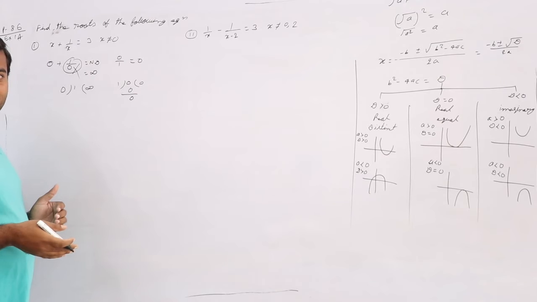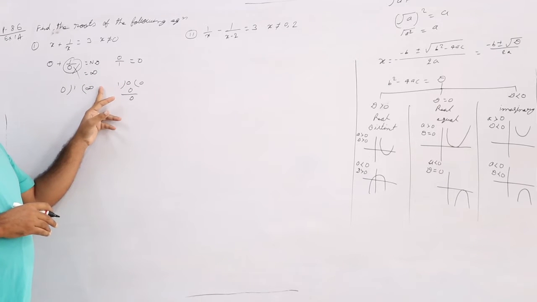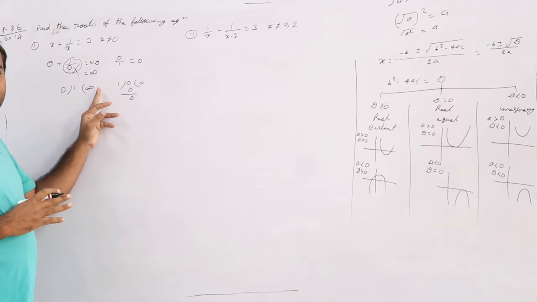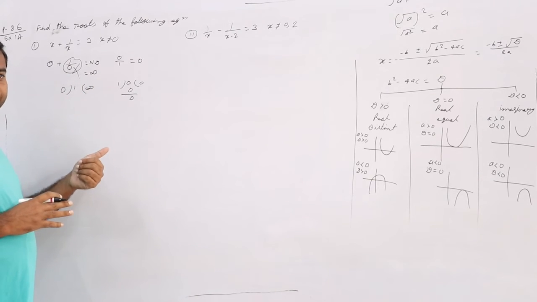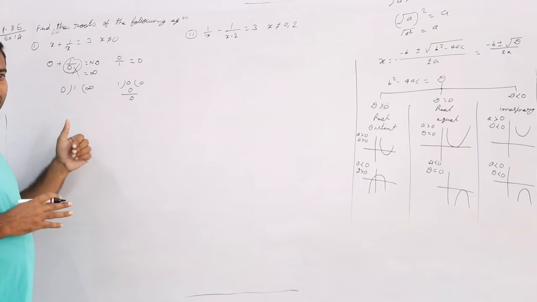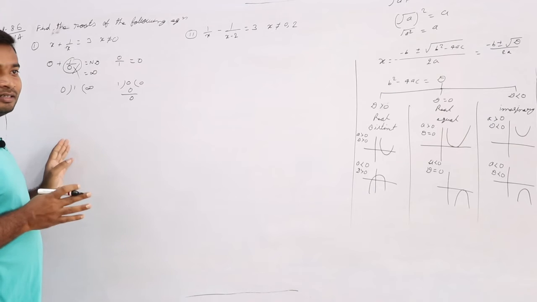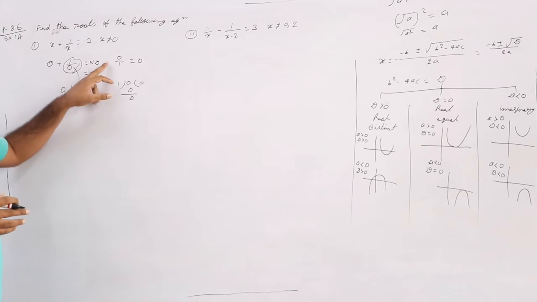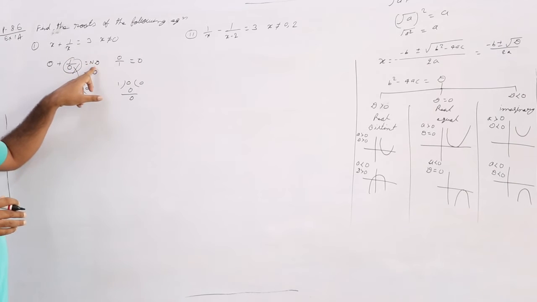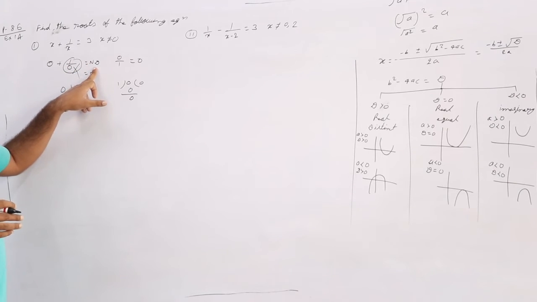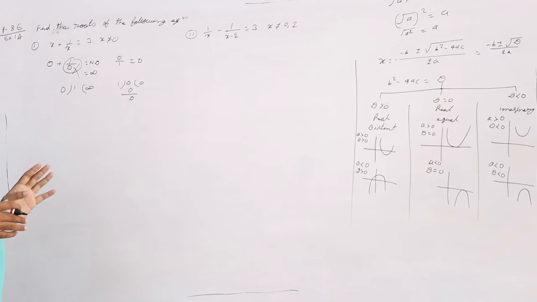When you go to 11th, you learn what is not defined and what is infinite, what is positive infinite, what is negative infinite, and when to write each. If you are learning with a good teacher, then they will say. So 0 by 1 is 0, but 1 by 0 is not defined. If I put x is equal to 0, this equation will not exist.